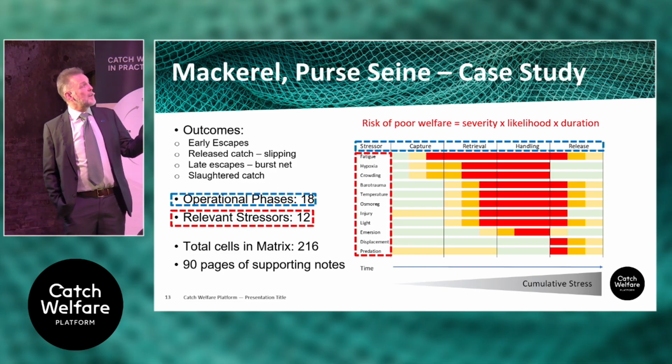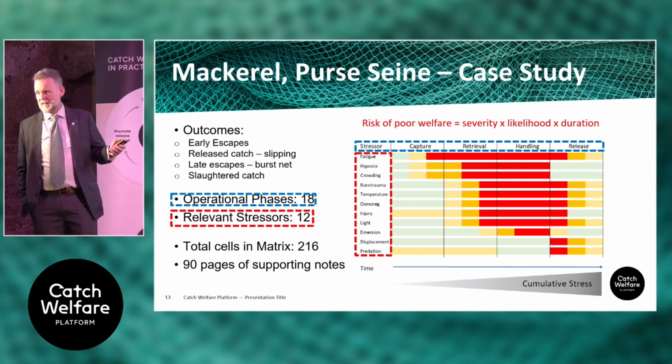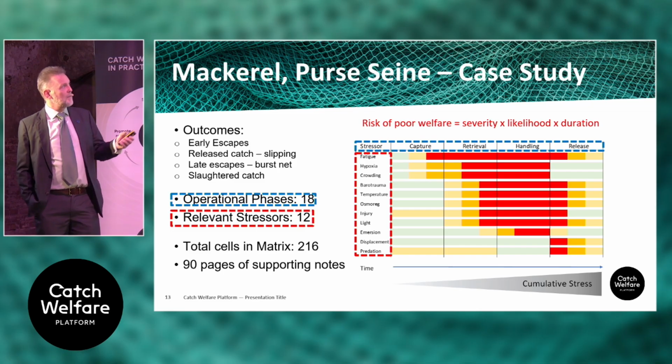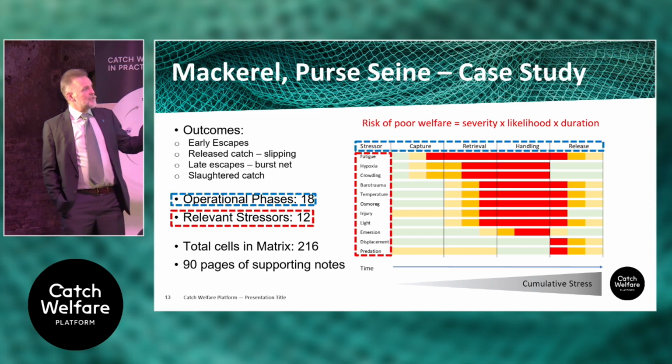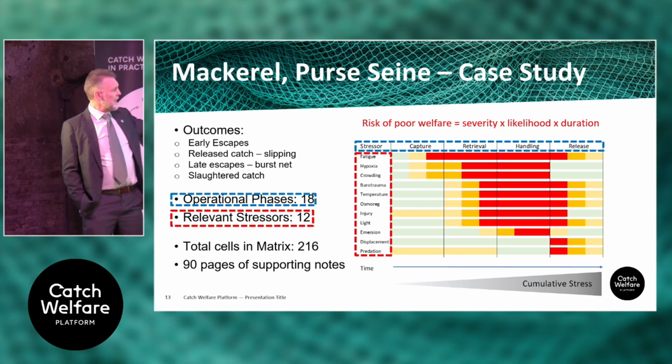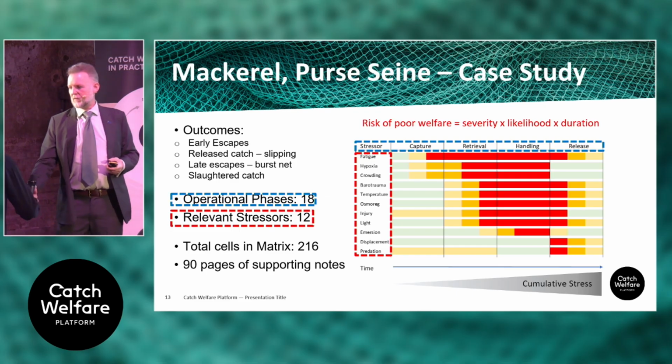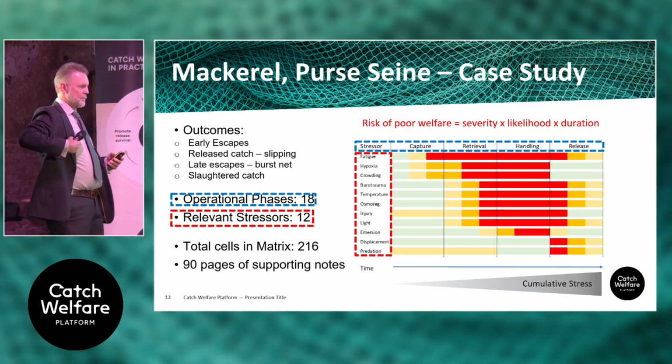And in each one of those cells, we're scoring for severity, likelihood, and duration. We've already scored the duration, but I have to move on to do severity and likelihood. So in putting this together, I generated 90 pages of supporting notes.